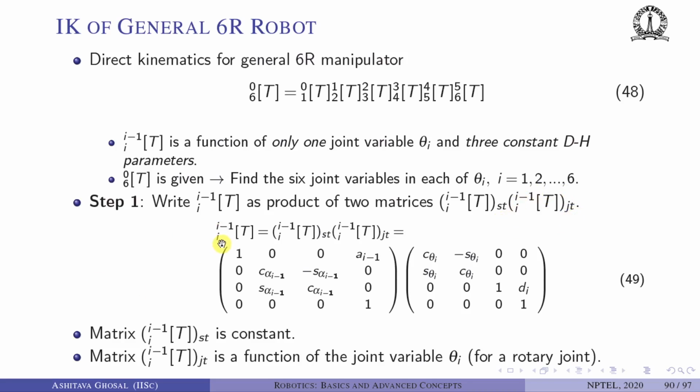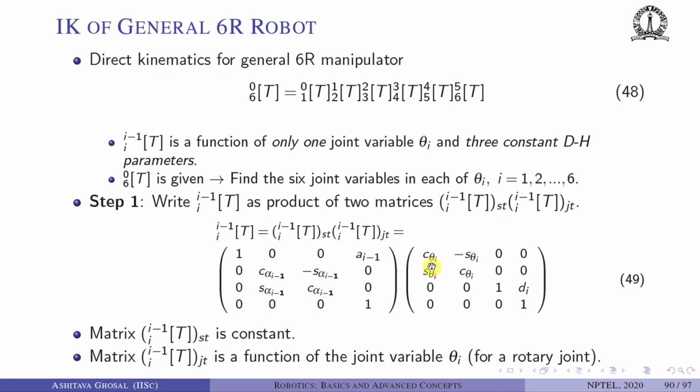The structural part looks like this: 1 0 0 a i minus 1, 0 cosine alpha i minus 1, minus sine alpha i minus 1, and so on.